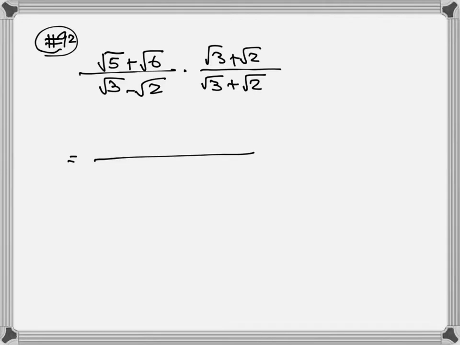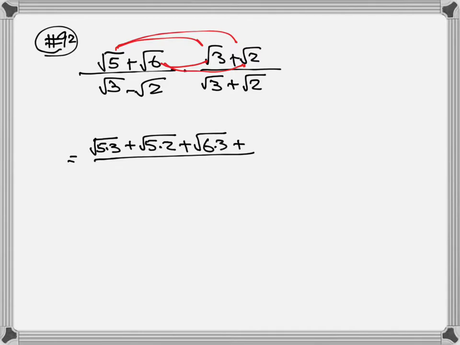Now numerator, let's look at my numerator. For this, I'm going to use the FOIL method. 1, 2, 3, 4. So here will be square root of 5 times 3 plus square root of 5 times 2 plus square root of 6 times 3 plus square root of 6 times 2.